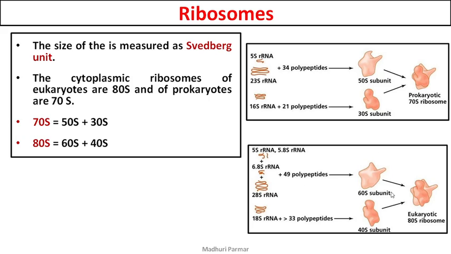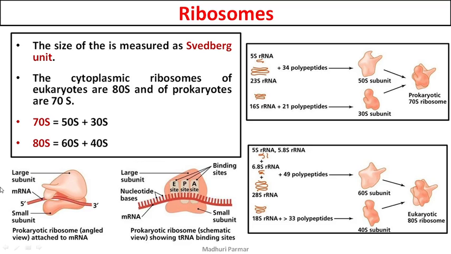Clear? This gives you the 60S subunit along with some proteins. The 40S subunit, which is the smaller subunit, is made up of 18S rRNA plus more than 33 polypeptides. Together this 60S plus 40S makes the 80S eukaryotic ribosome.